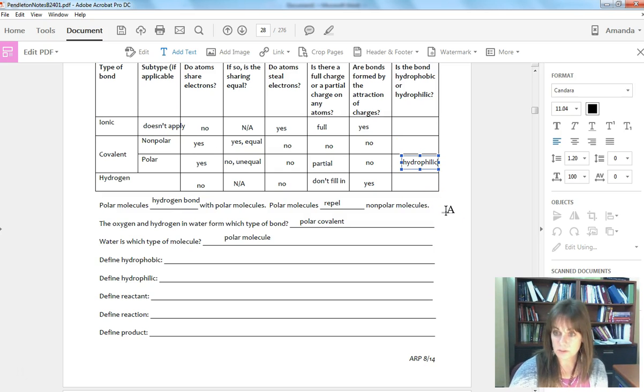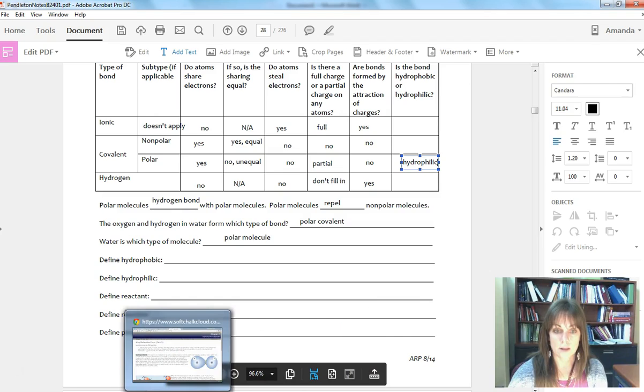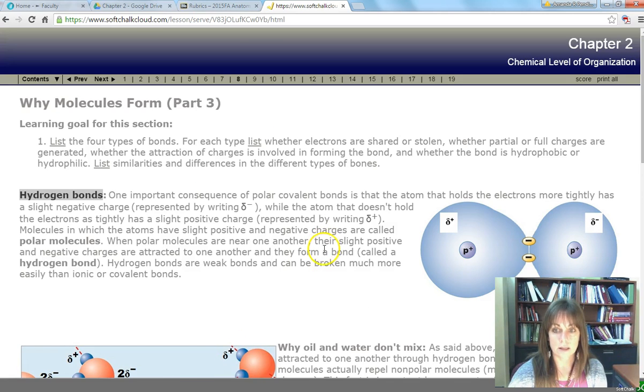What I'd like you to do is look through your homework lesson or contact your instructor to see what makes sense. The principles to keep in mind are that water is polar, water is partially charged, so think about what likes charges, and that's going to help you fill this in.